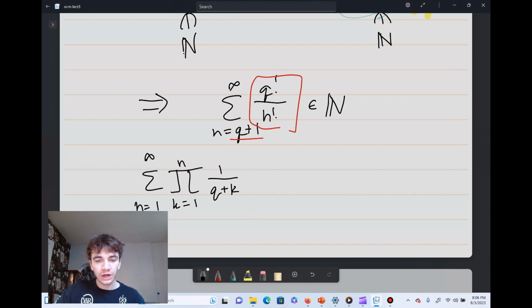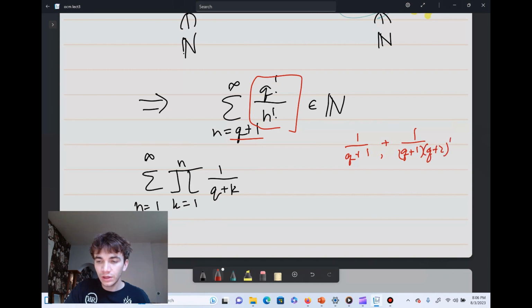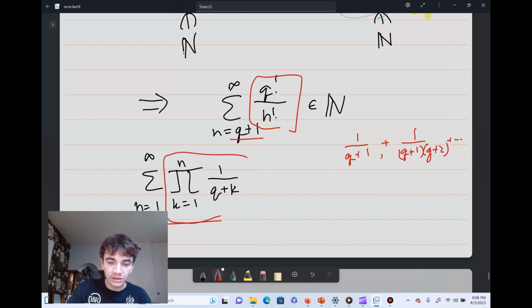Okay, so I've basically just rewritten the series to better describe the pattern of 1 over q plus 1, then I'm adding 1 over q plus 1 times q plus 2, etc. And so I've just recoded that information into a nicer form to work with. And when I do that, I immediately notice that this is a product of fractions that are descending, and each fraction is going to be less than or equal to 1/2.